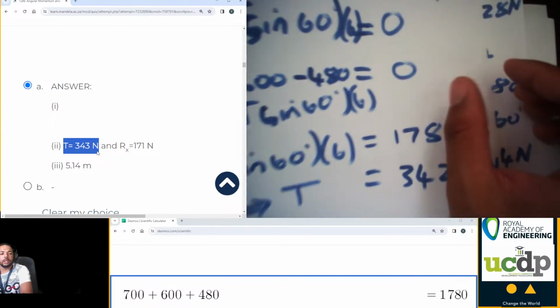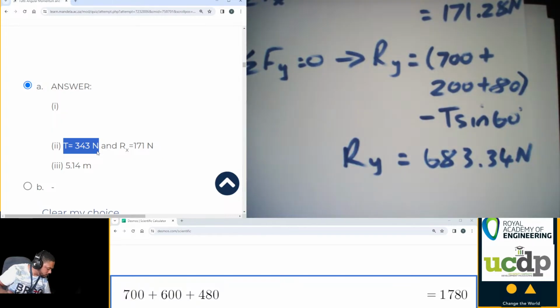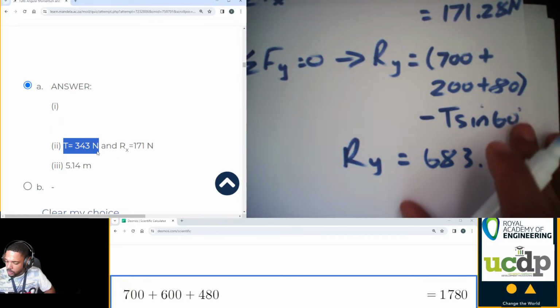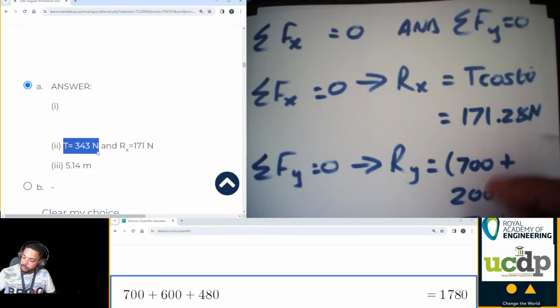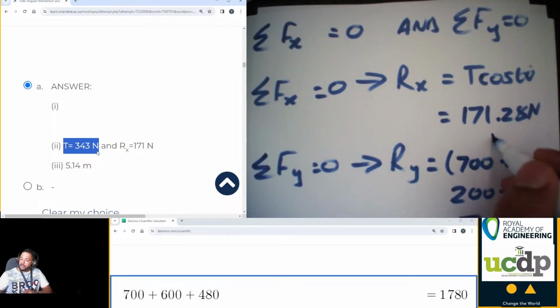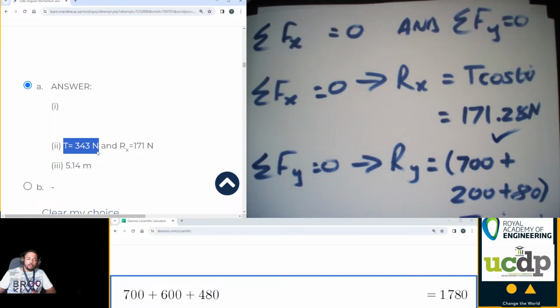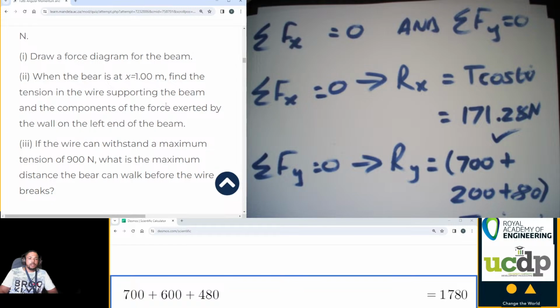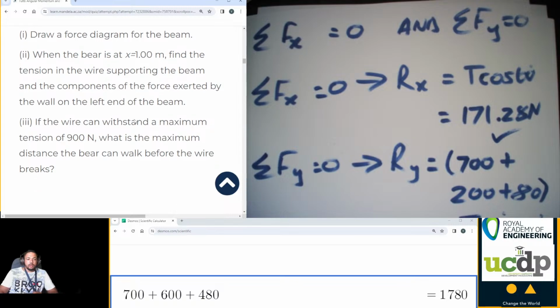The next thing we had to work out was Rx, the force in the horizontal direction. It was 171, and that is exactly what they got as well. And then we worked out the force in the vertical direction. Although they say we didn't actually have to work that one out, but we did.